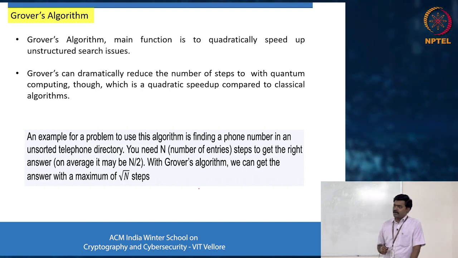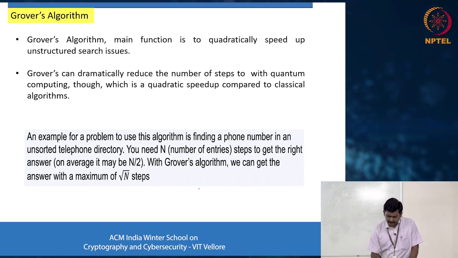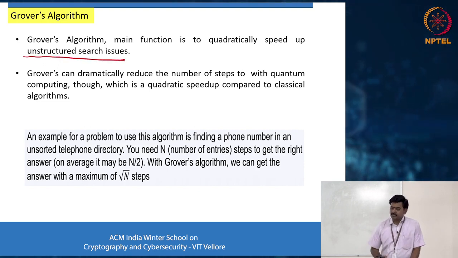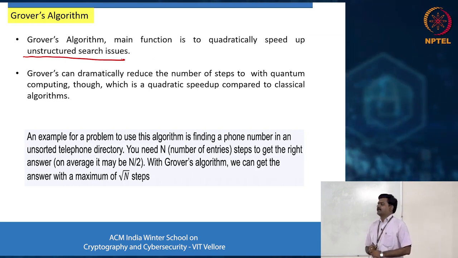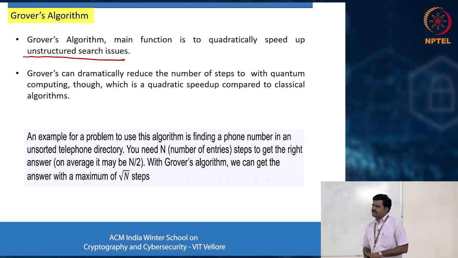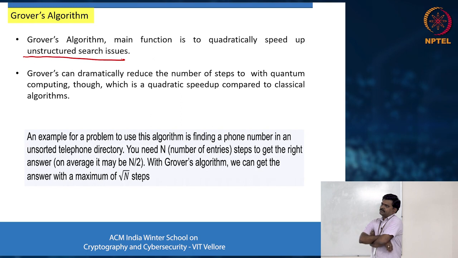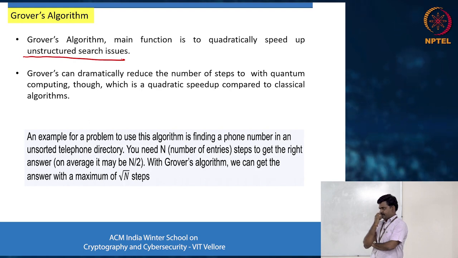What is the Grover algorithm? Unlike Shor's algorithm, which is solving the prime factorization problem, Grover algorithm is helping us to perform search operations. In the case of hash functions, I gave one search problem. What is that? Hash function requirements: trying to find the collisions.